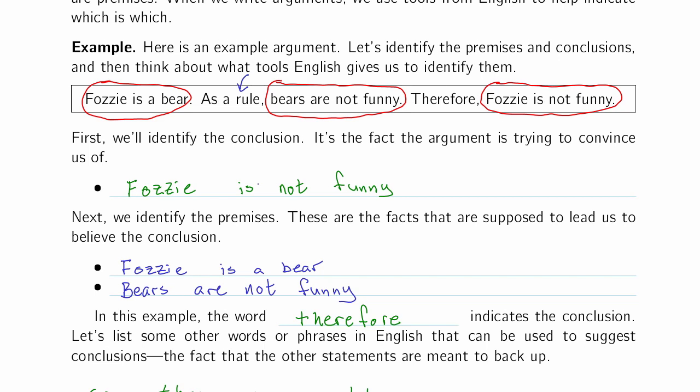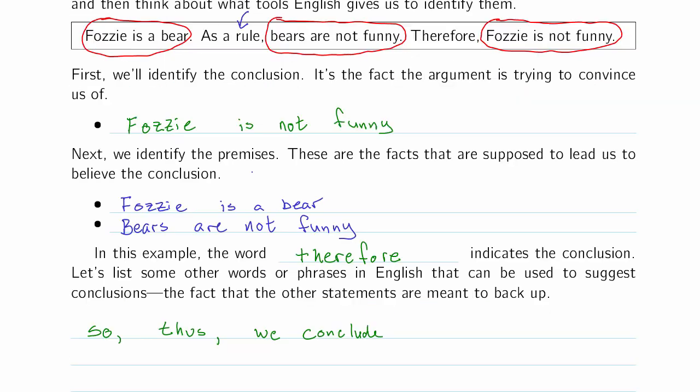So if we say, as a rule, we're probably introducing a premise. And in fact, it's a specific kind of premise that we're going to talk a little bit more about in the next video. But so in this argument, the as a rule is a cue that we might be looking at a premise.